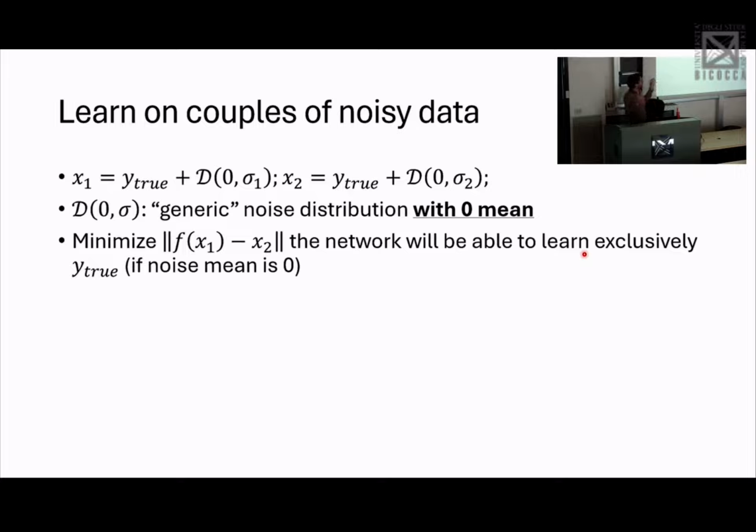So if the noise is truly unbiased, you can train on noisy data and still get perfect denoising. And this is why on our reconstructed image, on our networks, even with slightly noisy images, we were able to get some apparently higher quality.